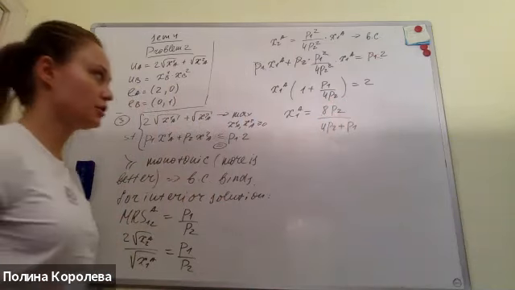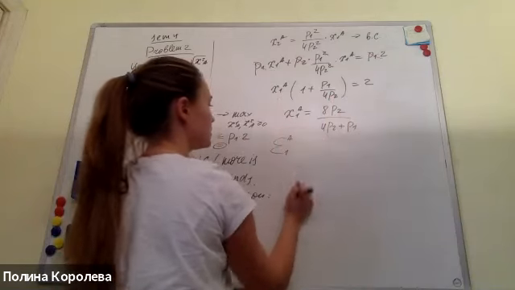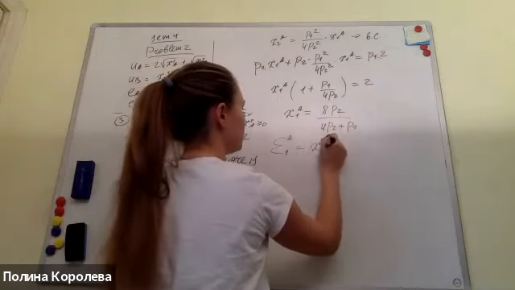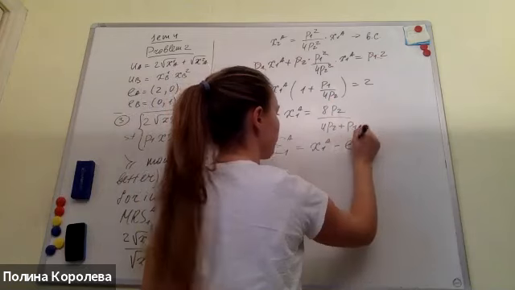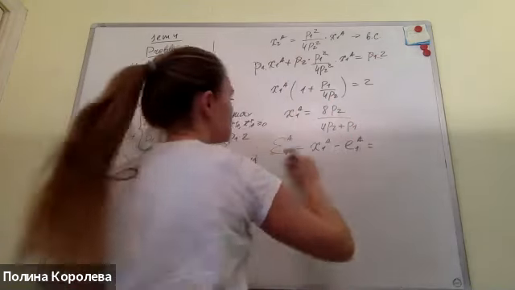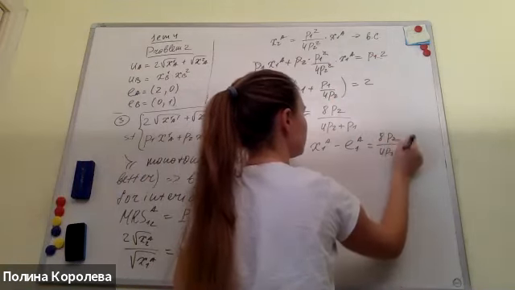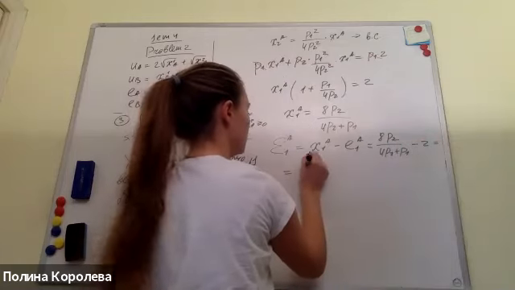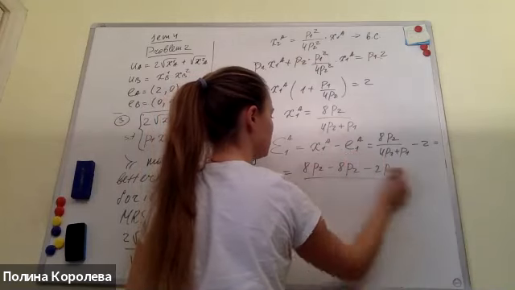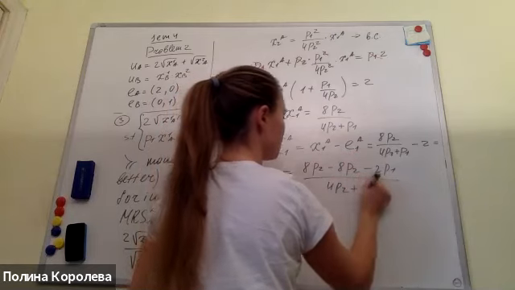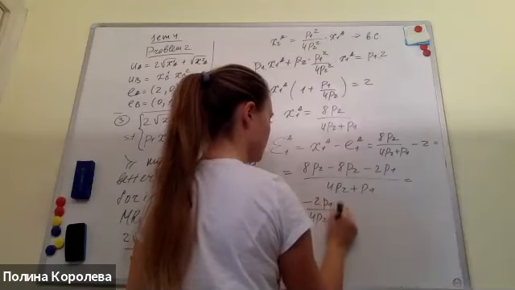This is the demand function, and excess demand function of individual A for the first good is the difference between the demand, how much he wants, and how much he has, the endowment of this good. And he has 2 units, so it will be 8P2 over 4P2 plus P1 minus 2, which is 8P2 minus 8P2 minus 2P1 divided by 4P2 plus P1. And this is minus 2P1 divided by 4P2 plus P1.